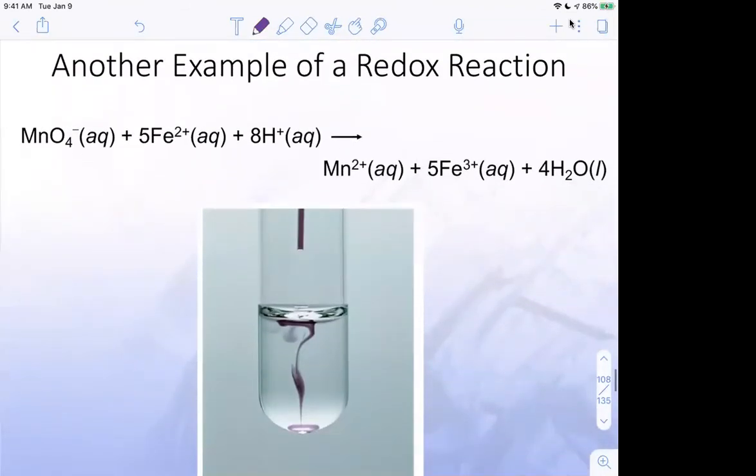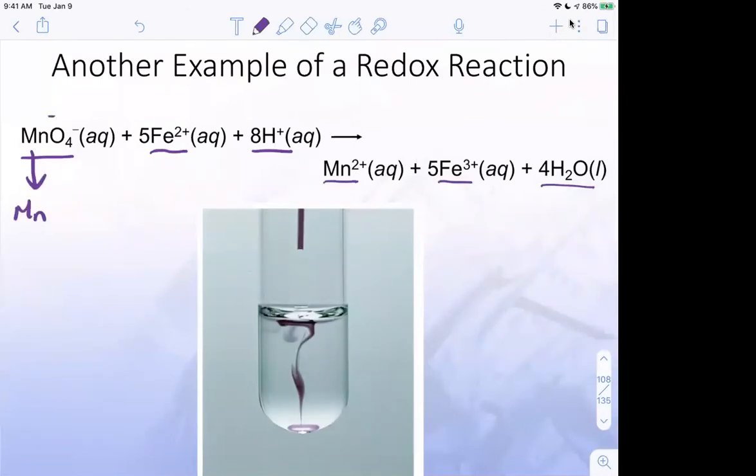Here's another example, and you will see a lot of these where the full compound is not necessarily described, but the ions are. So here I have permanganate reacting with iron 2+ and 8 protons. And what I get is manganese 2+, iron 3+, and then water. Now, the changes: manganese, what is the ion charge of manganese?